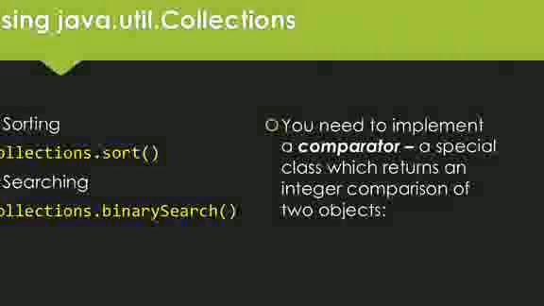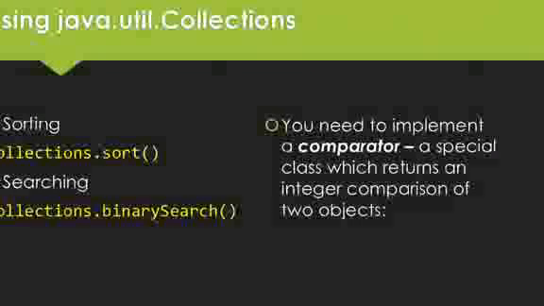Before I can sort or use binary search in the Java Util Collections library, I first need to create a class that implements something called a comparator. And a comparator is a very special class which returns an integer comparison of two objects. So if you take two objects and compare them, and object A is less than B, the comparator should return a negative value.